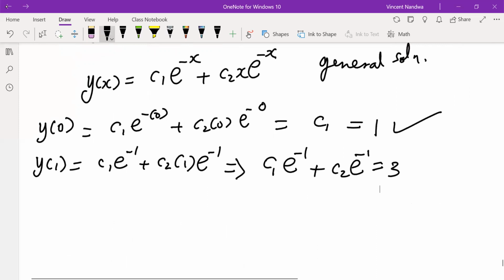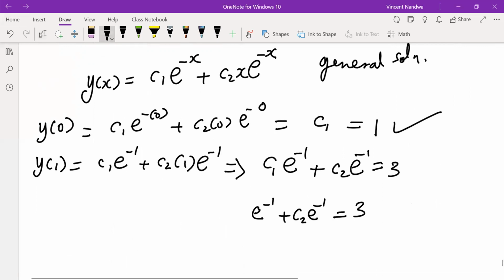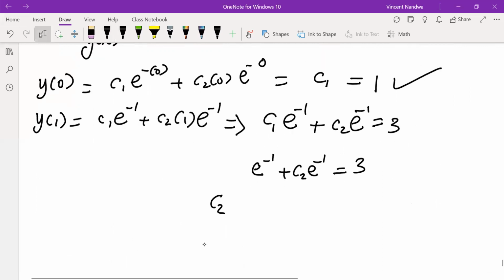But since c1 is 1, it means e raised to the power -1 plus c2 e raised to the power -1 equals 3. So c2 e^-1 equals 3 minus e^-1.